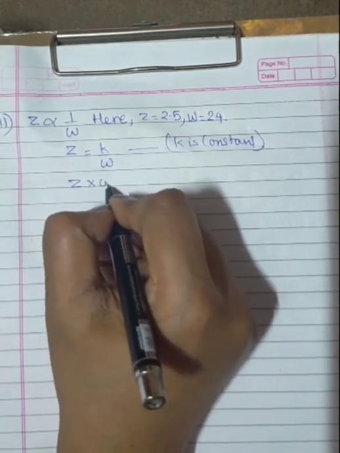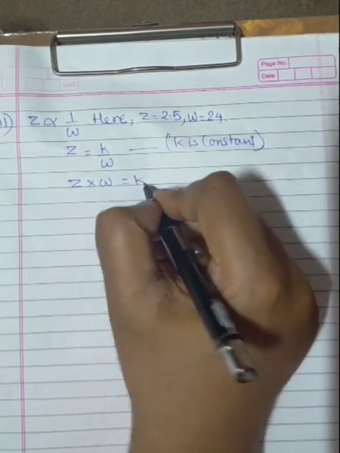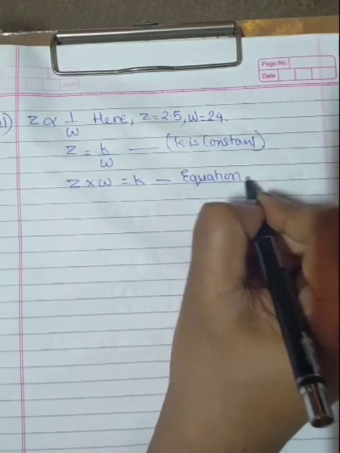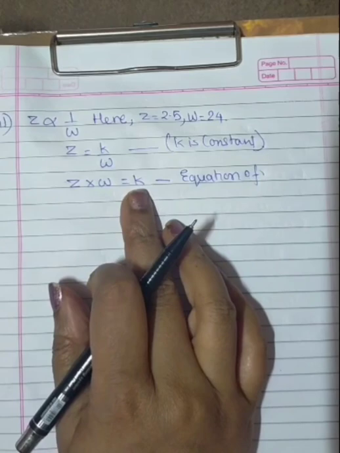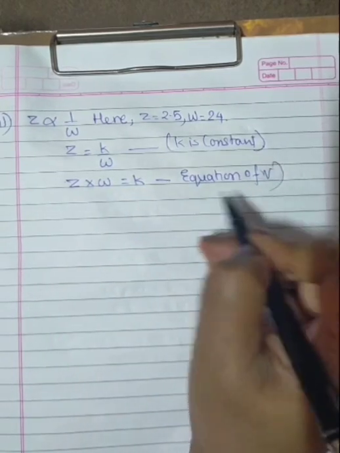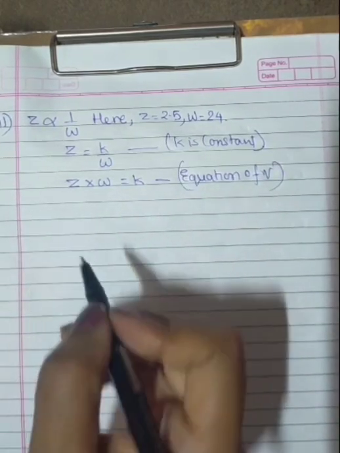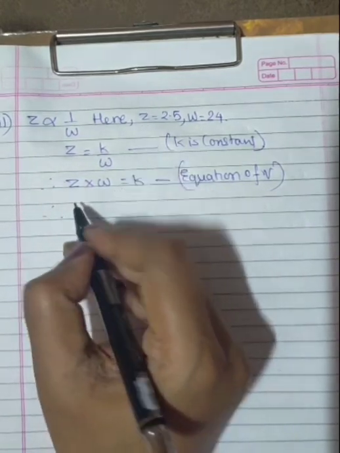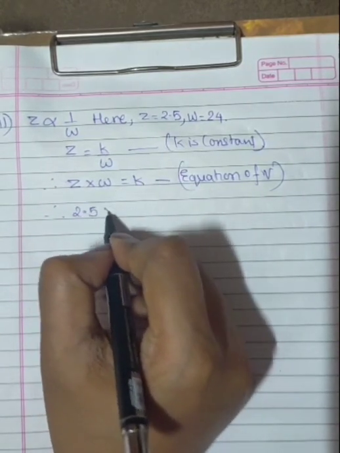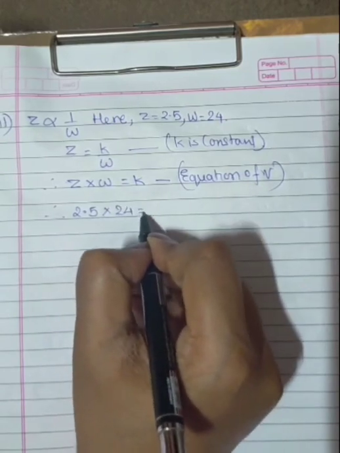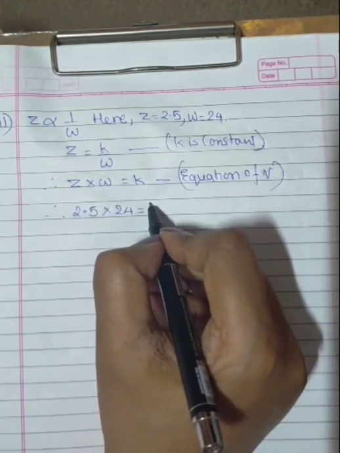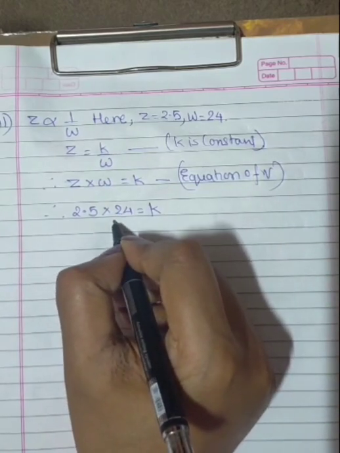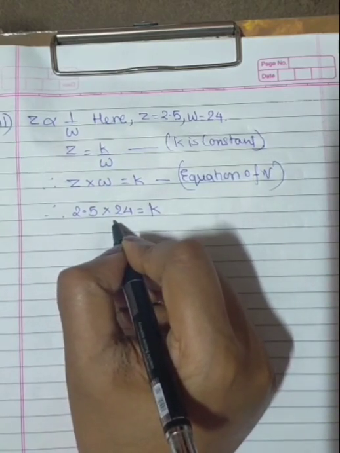Z into W equal to K. It's the equation of variation. Now here you can see what is given? Therefore Z is 2.5 into 24 equal to K. So K is what? K is equal to 60.